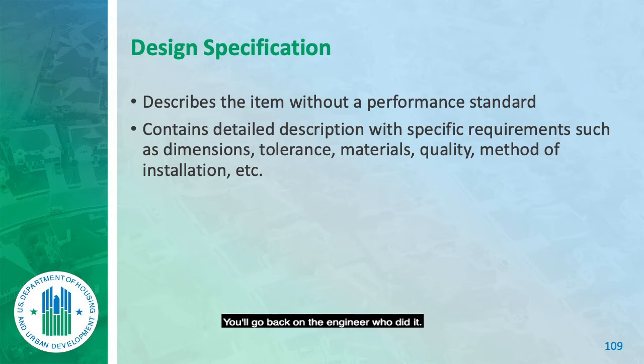You'll go back on the engineer who did it. Anyway, we'll do a contract modification or change order. And it might cost us money. And if it does, I'm probably going to go back on the engineer for that. I'm probably going to withhold that from a payment request, typically by agreement with both of us.